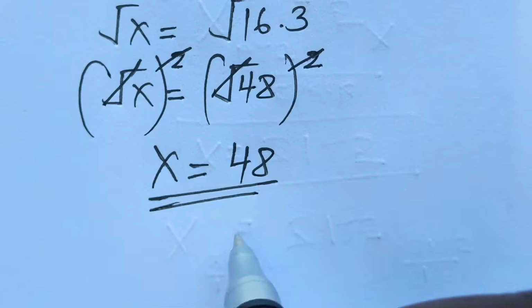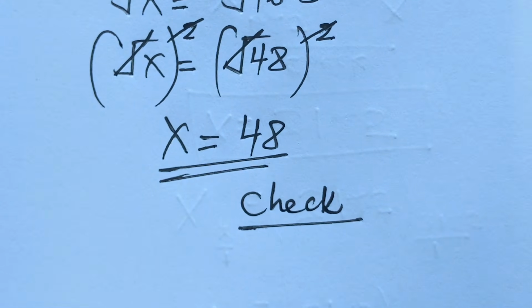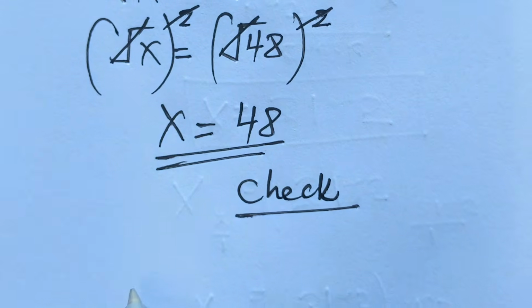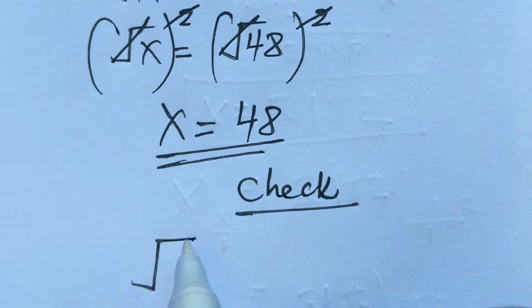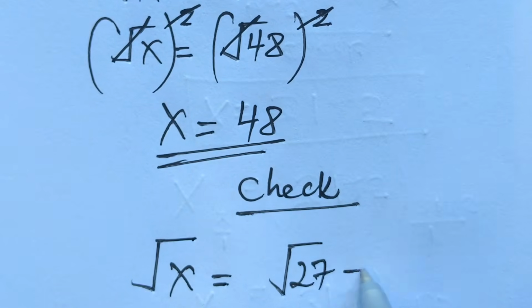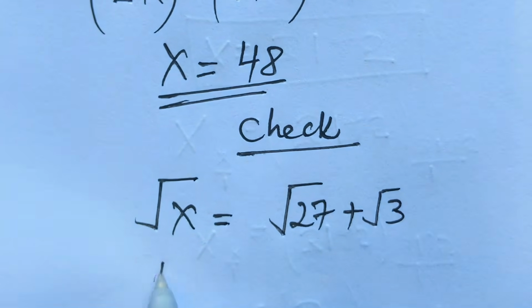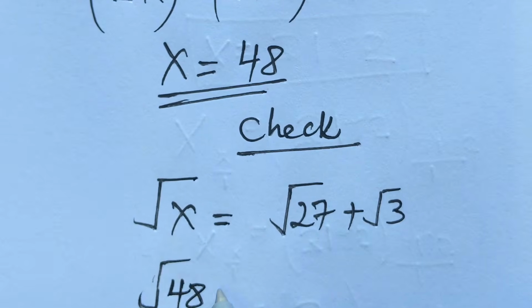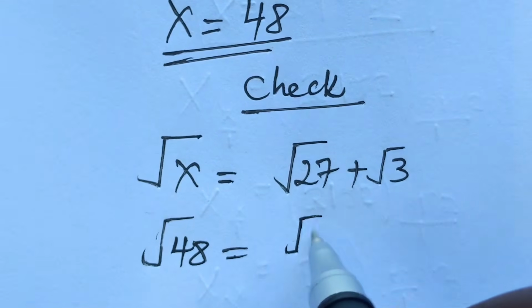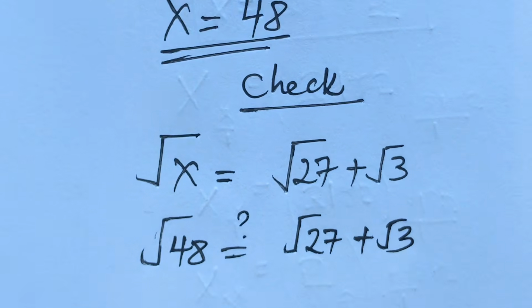And of course here we can check if the answer we have got is correct. Square root of x which equals square root of 27 plus square root of 3. Right here we have square root of 48 which equals square root of 27 plus square root of 3, question mark.